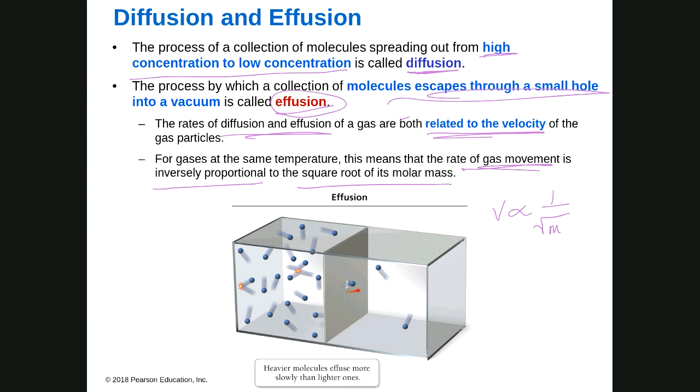And so it makes a huge difference, okay, having the square root. Mainly what you need to remember is what effusion is, okay? Effusion is where those molecules are escaping through those tiny holes that are in the material.